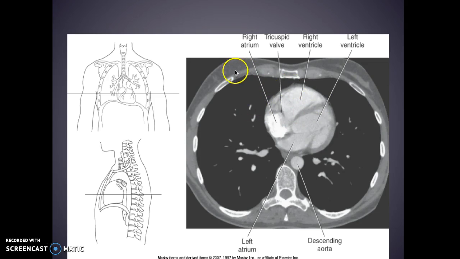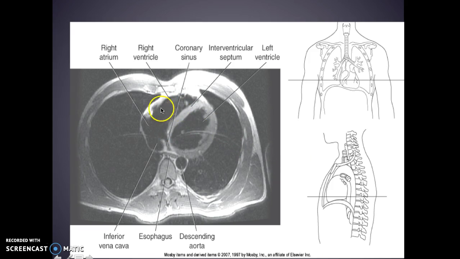So we'll start with your tricuspid valve. So your right atrium, your tricuspid valve, and then coming around to your right ventricle, left ventricle, and then this is your left atrium and your descending aorta. So right atrium, right ventricle, your coronary sinus is there.